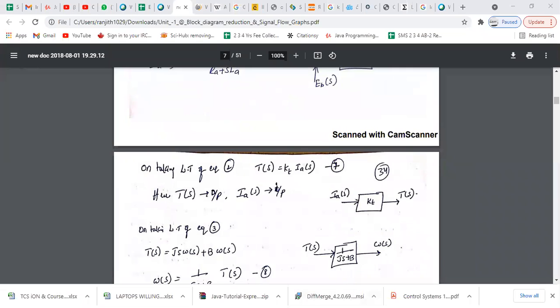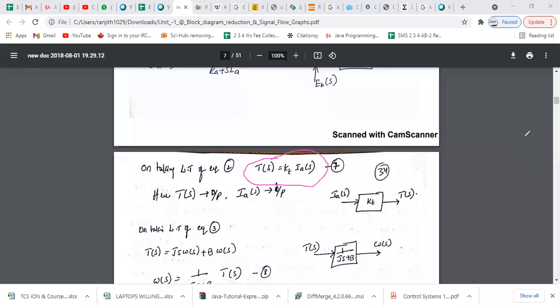What is that equation? Torque is proportional to current, where Kt is the torque constant. Now, from this equation, what is the input and what is the output?